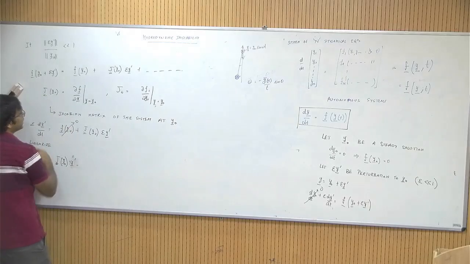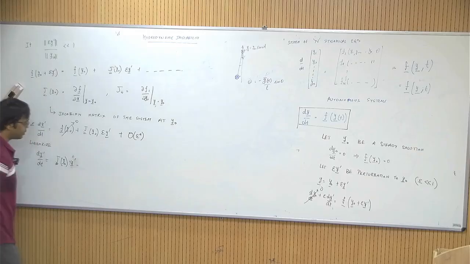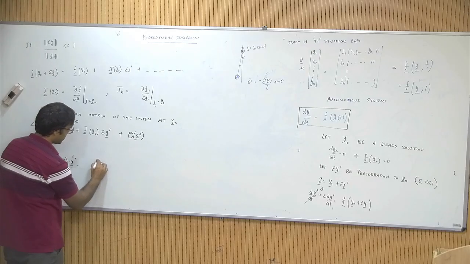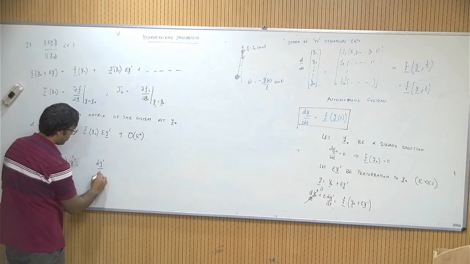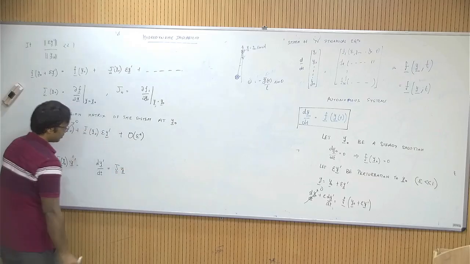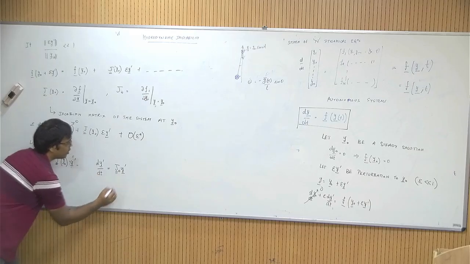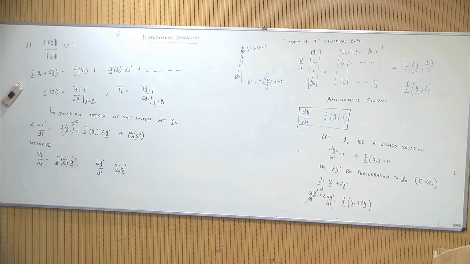You can also write it plus order epsilon squared if you want. Let's write it as J naught.